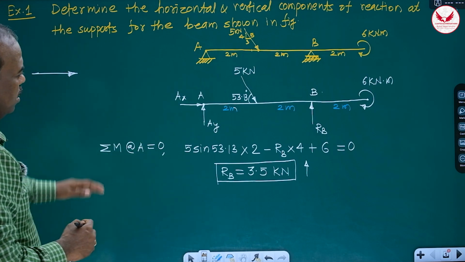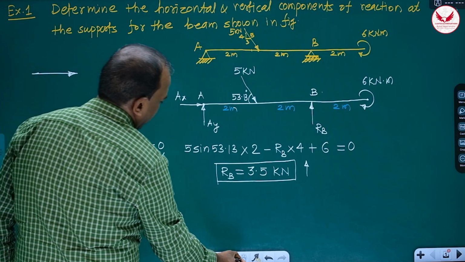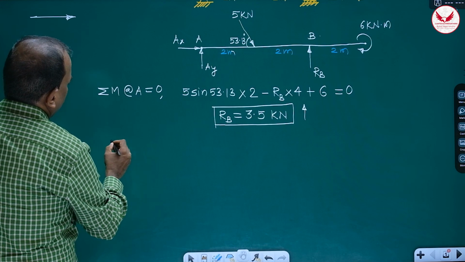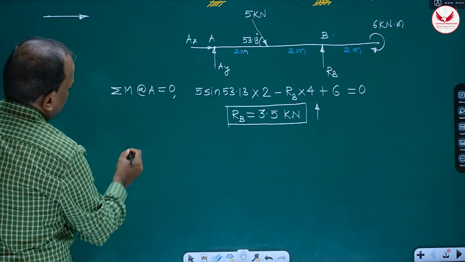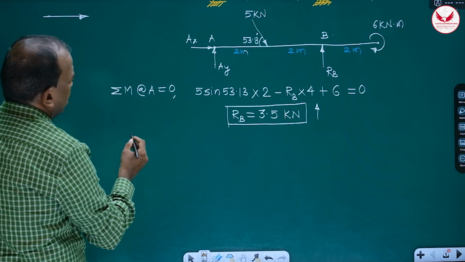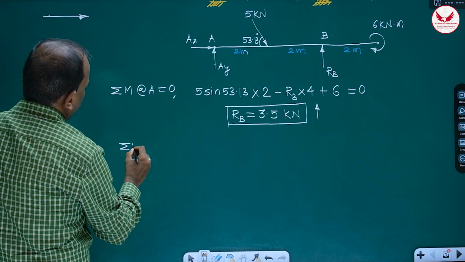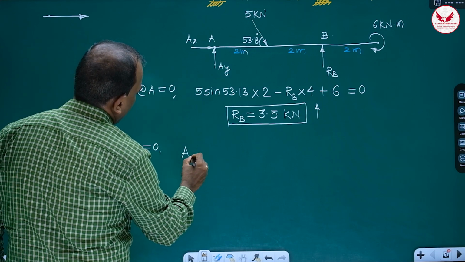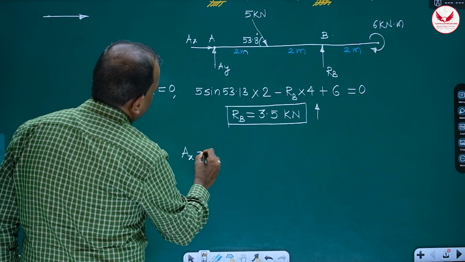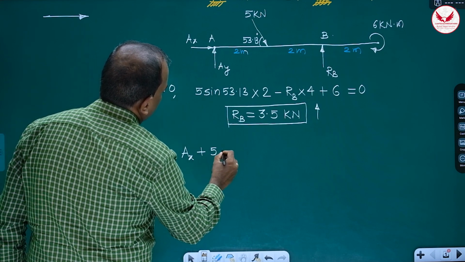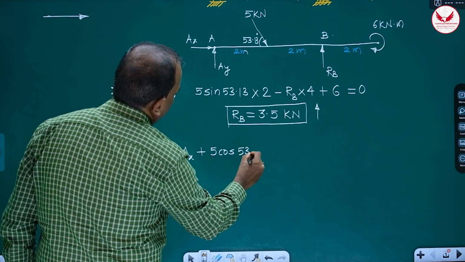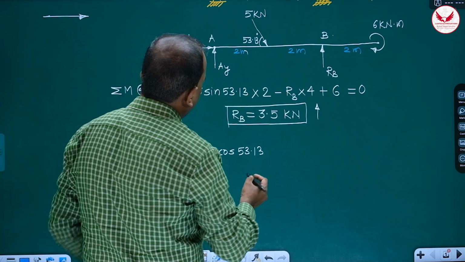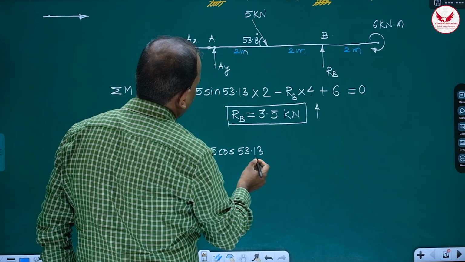One answer we got. Now only these 3 steps we have to follow in case of the beam examples. Summation M, then summation Fx equal to 0. What will we get? Summation Fx: Ax, horizontal component of the reaction, plus 5 cos 53.13. There is no other horizontal component. So that's why moment will not be in summation Fx or summation Fy.